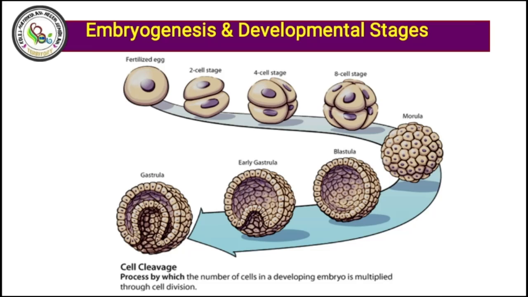As the morula grows into more than 100 cells, a fluid-filled cavity forms in the center, transforming it into a ball of cells known as a blastula or blastocyst.